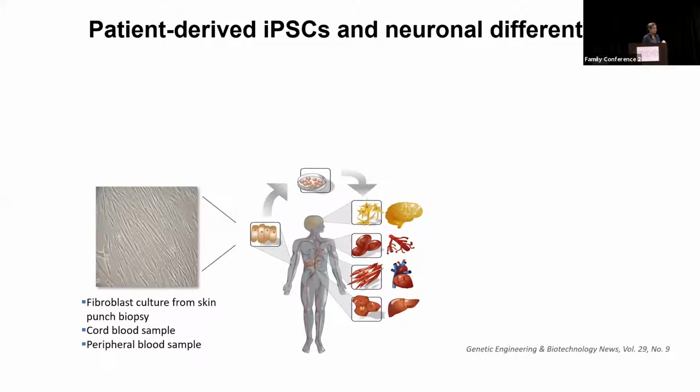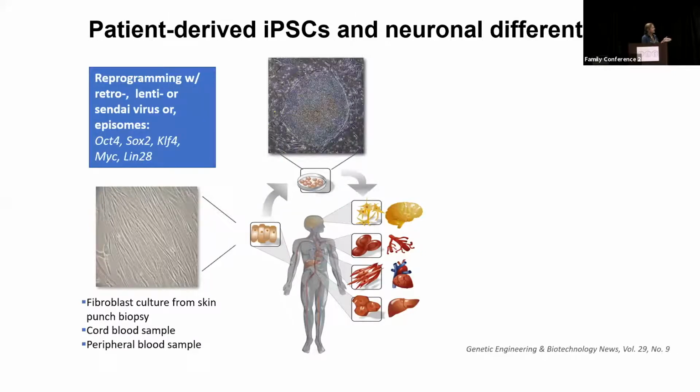We can take those cells and reprogram them into stem cells. The reason we want to do this is those stem cells can be maintained in culture indefinitely in the lab. We can make more of them, we can grow up tons of them, and we can freeze them down and save them forever. And importantly, they have the exact same genetic change that the patient sample we started with had.